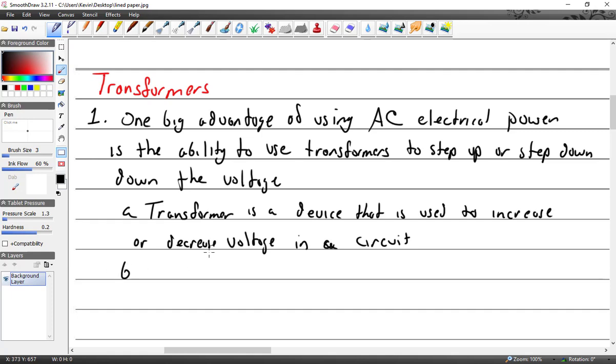I have another definition: a device that transfers energy from one circuit to another by electromagnetic induction. So it's two different definitions, both work.